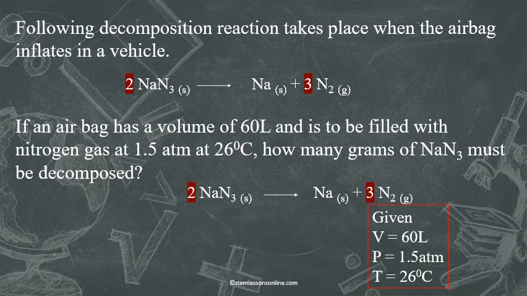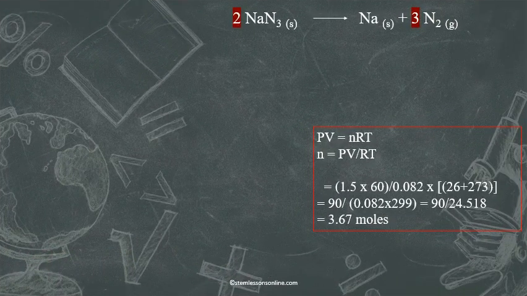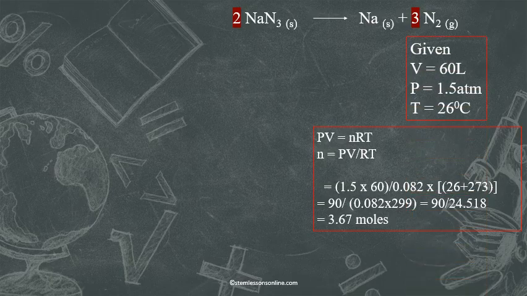Given the data for nitrogen, they gave all the data for nitrogen and they're asking for the unknown mass from the reactant side. So what we will do first, we will find the number of moles, correct? How will we do that? PV equal nRT.